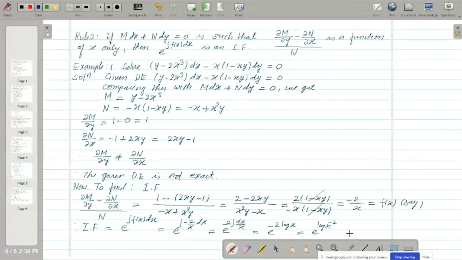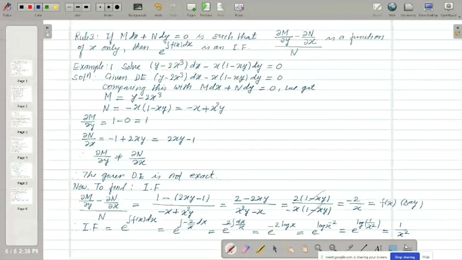And this can be written as what? E raised to log of 1 upon x square. Or this can be written as simply 1 upon x square. This is your integrating factor.